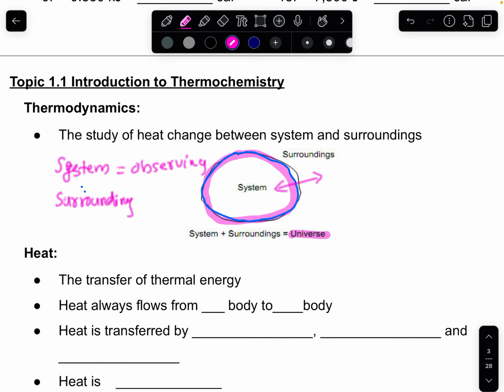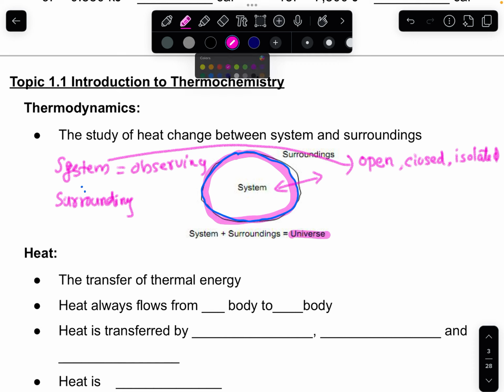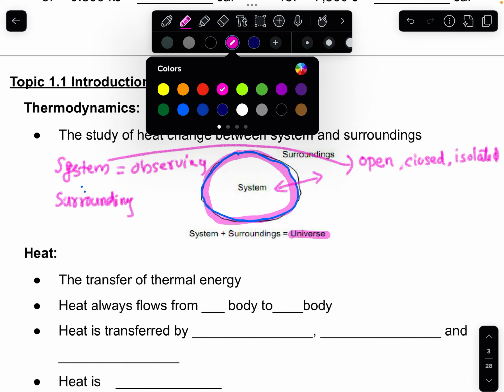Okay, the system, there will be different types of system. We don't need that in advanced chemistry, we are not talking much about it, but you need to know one is open system, the other one is closed system, and the third one is isolated system. I'll give examples so that it will be easy for you to identify that.